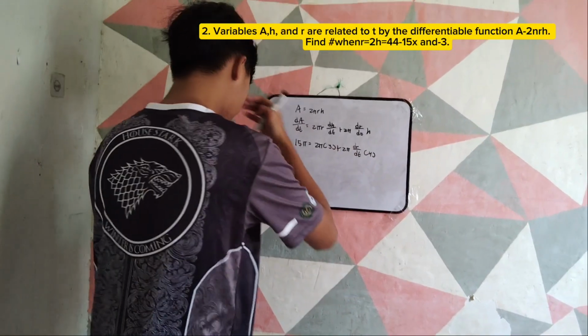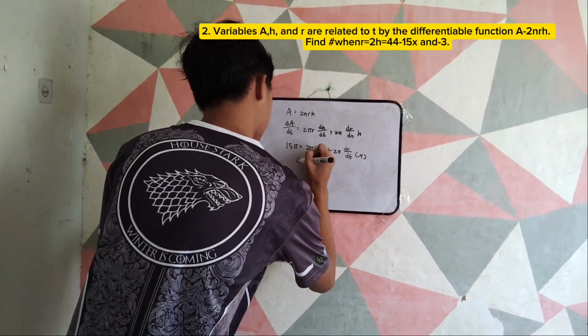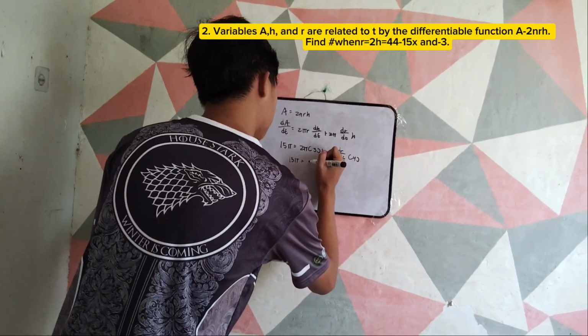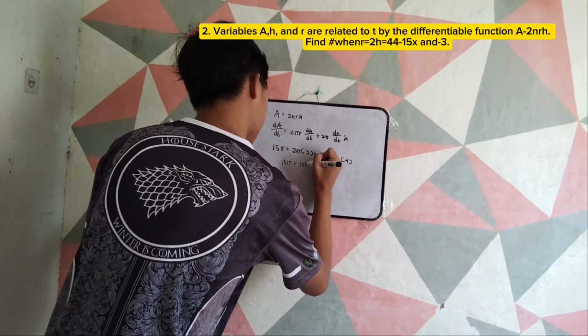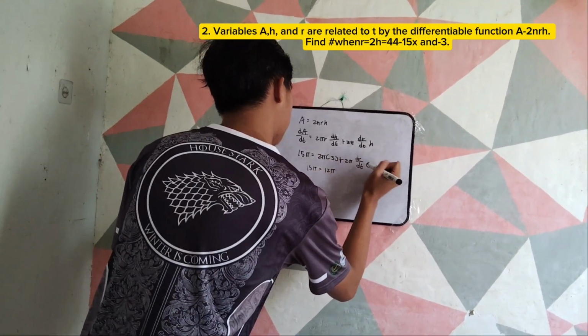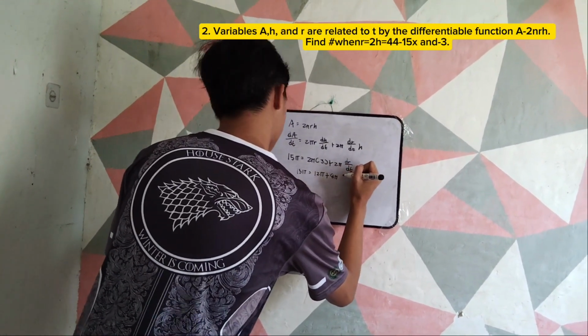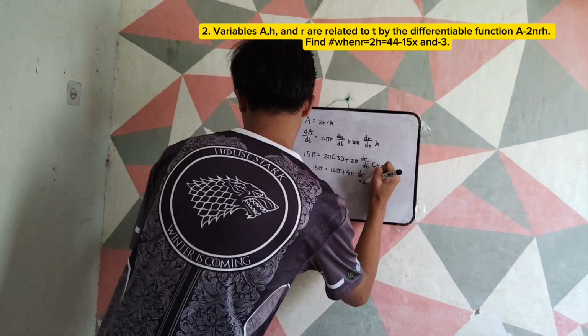So next, 15 pi is equal to 2 times 3 plus 2, which is equal to 12 pi, times 4 times 2 is equal to 8 pi dr over dt.